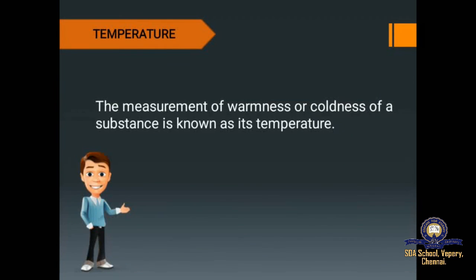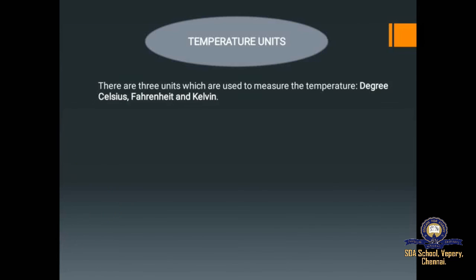I hope you all understood about temperature and thermometer and different types of thermometer and scales of thermometers. So now we will do a recap of what we learned. We learned what is a temperature. The measurement of warmness or coldness of a substance is known as its temperature.